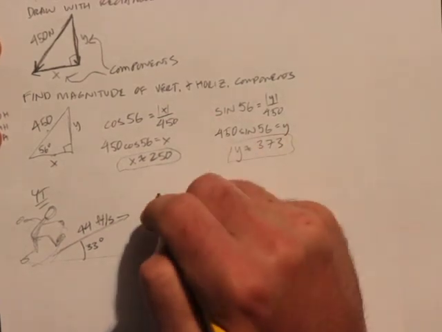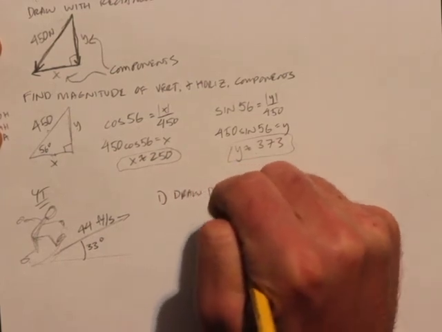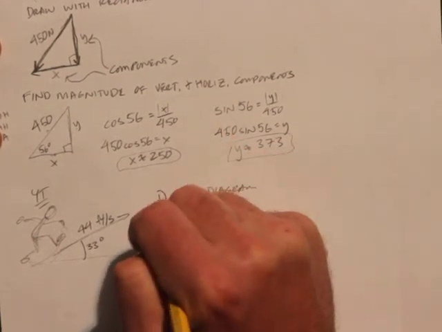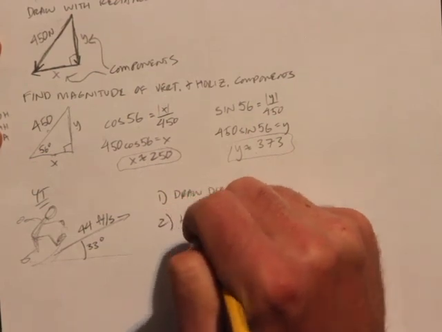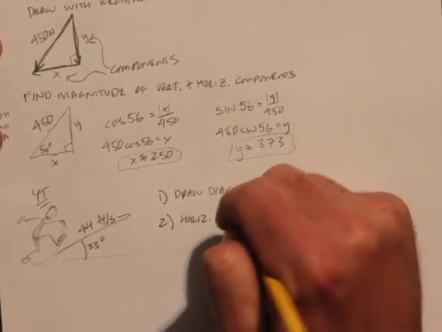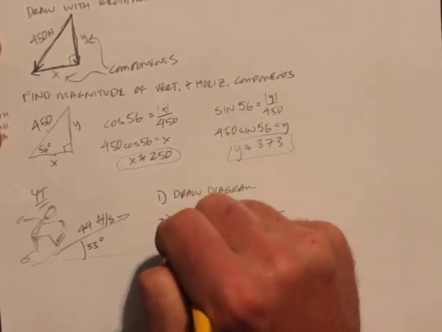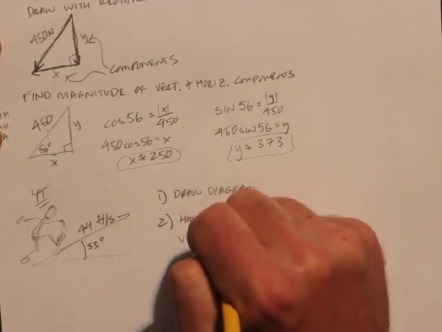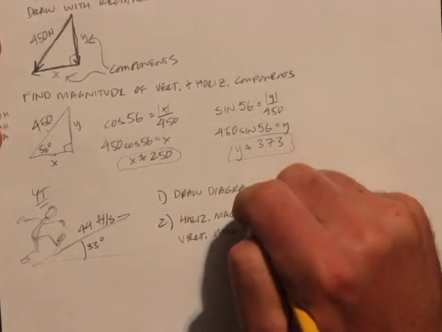So first we're going to draw a diagram. And second, we're going to find the horizontal magnitude and the vertical magnitude to the nearest hundredth.